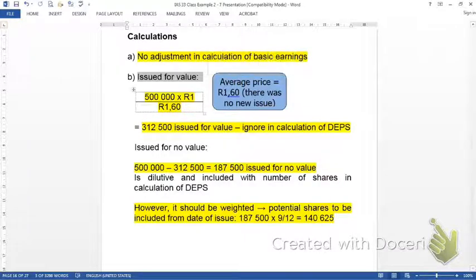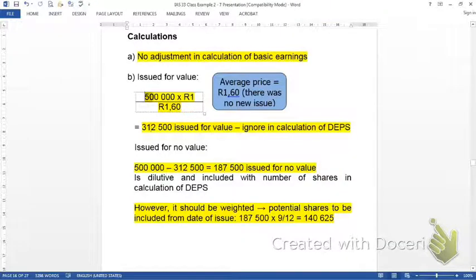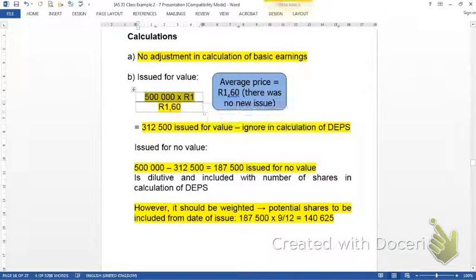So therefore, we're going to say, how much did I receive? What will the total amount be that will be received once these options are exercised? So 500,000, as you can see there, times the R1, which is the issue price, will give us 500,000 Rand.